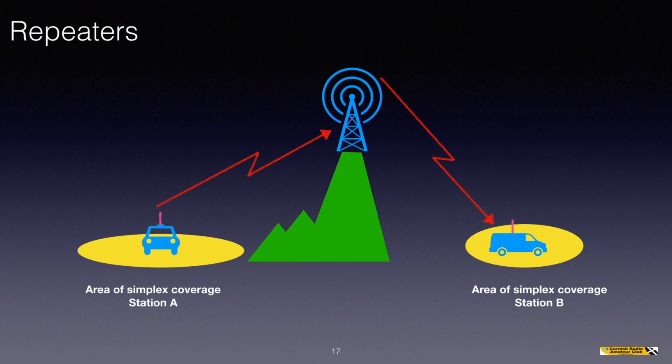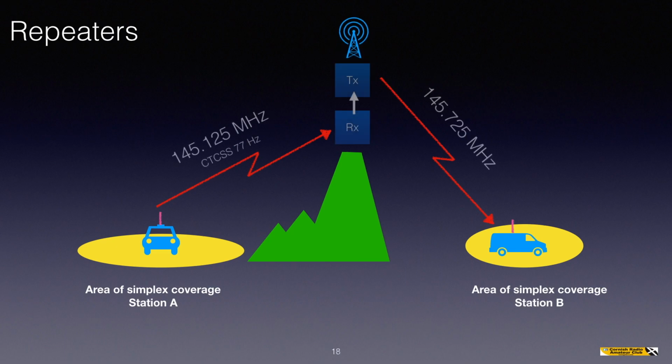So here's a little bit of how that repeater works. Here in Cornwall, we have GB3NC, that's the identification of our repeater, and it started as NC for North Cornwall, and it's located near St Austell. And the receiver in St Austell is listening on 145.125, and the transmitter connected to that receiver transmits on 145.725.